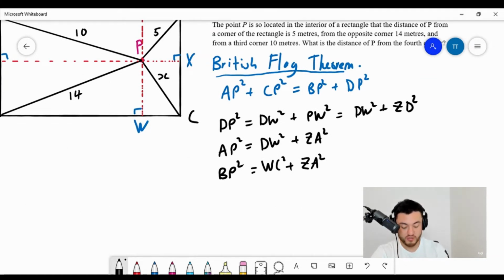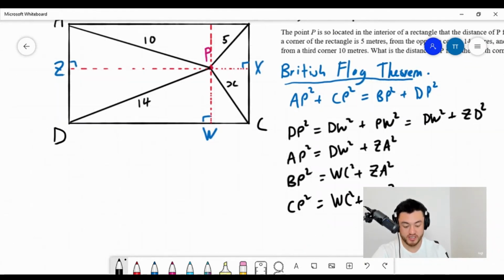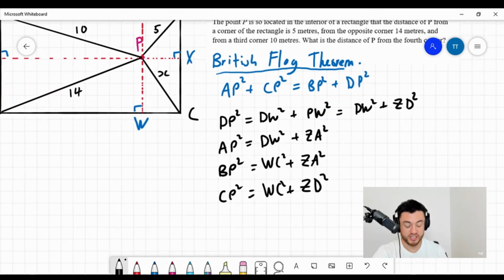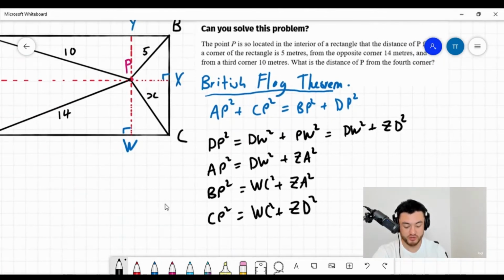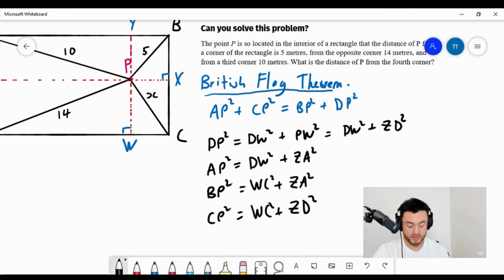And the last one we can have is CP squared is equal to, again, I'm using what I had in the previous one, WC squared plus, and I can use ZD squared. So ZD squared will be the same as WP or XC. Okay, so I've deliberately chosen, it wasn't just a random choice of sides. I'm choosing them such that I can choose ones that I've already used before.